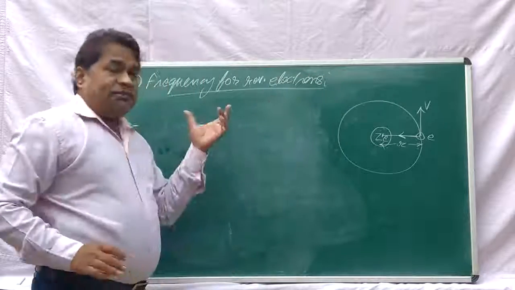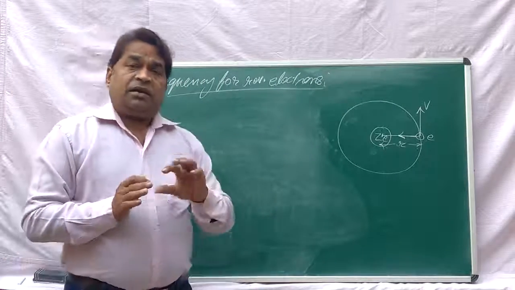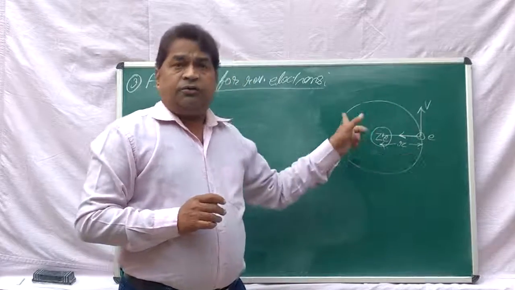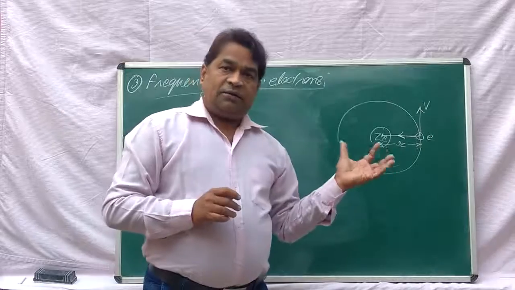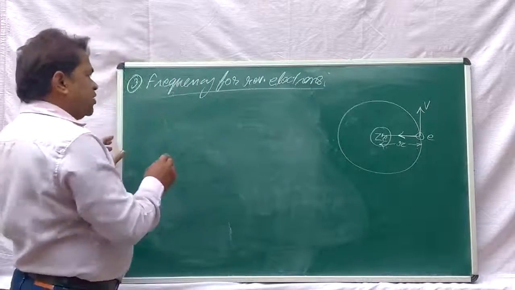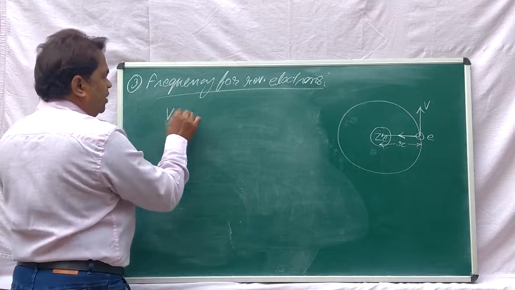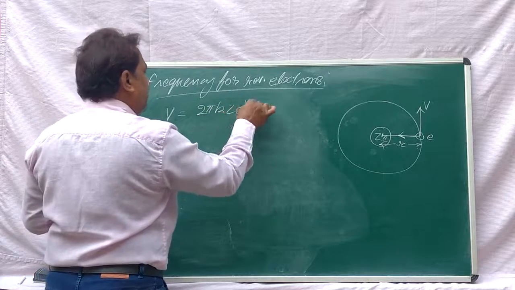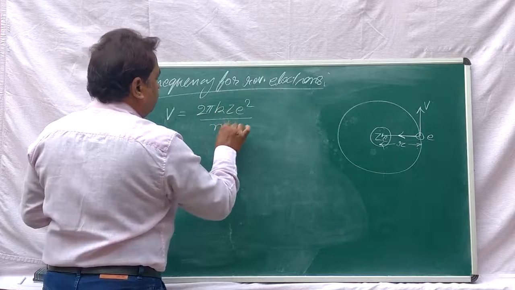What we understand by frequency means how many revolutions per second an electron can perform in a particular orbit. As we have seen, the formula for velocity was v is equal to 2 pi k z e square upon nh.